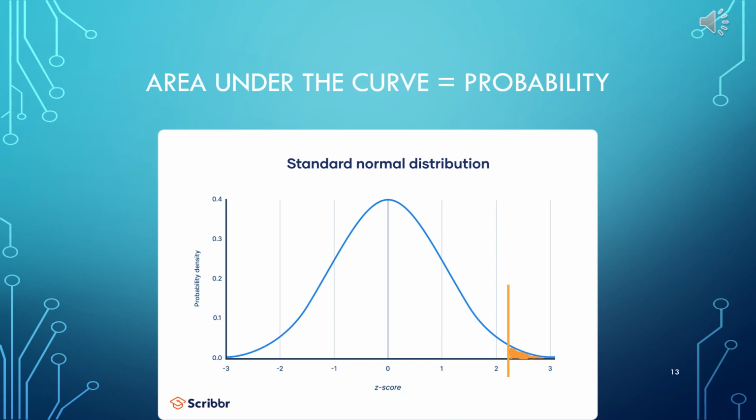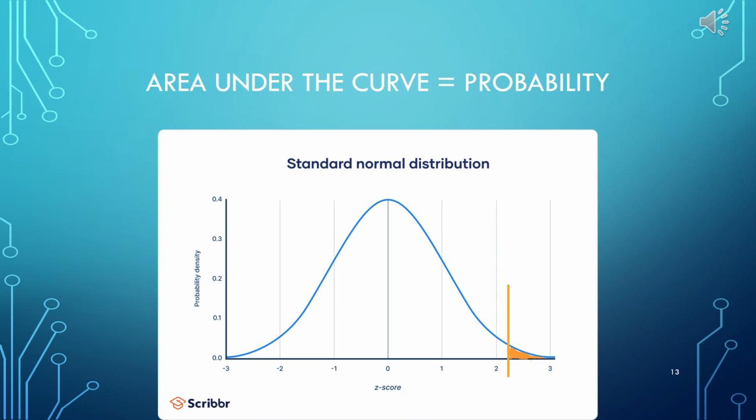So what I'm actually saying is I'm interested in the probability that we would see a raw score, once converted to a z-score, that would fall anywhere in this orange shaded area at 2.2 standard deviations above the mean and higher.